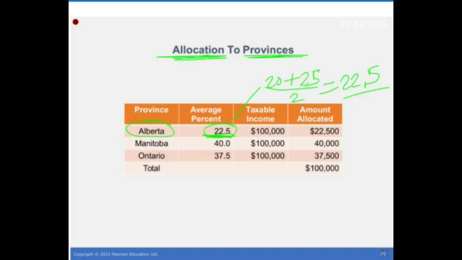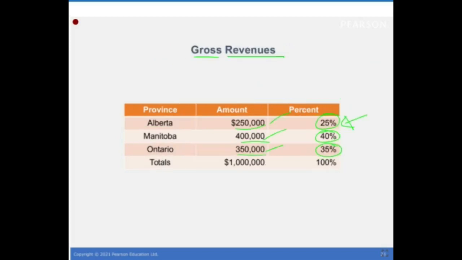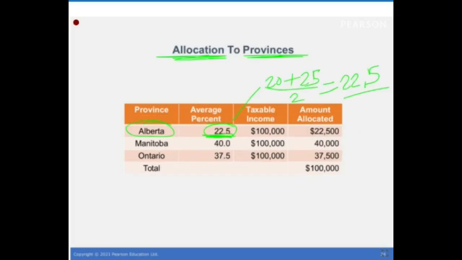So this company in this example had $1 million in revenue, 500,000 in wages, and they had 100,000 of taxable income. So the taxable income gets spread out in these percentages. So there's our total income, and each of these numbers will be multiplied by the provincial tax rate.